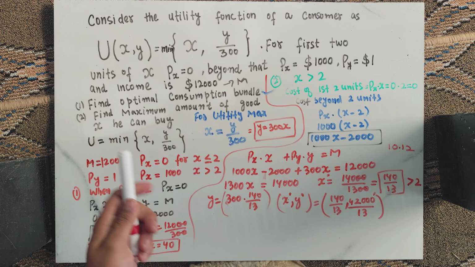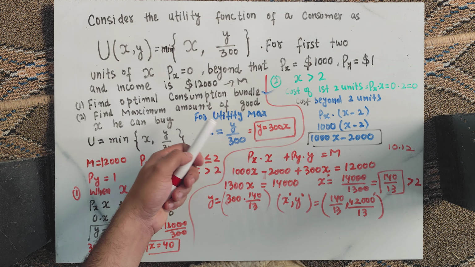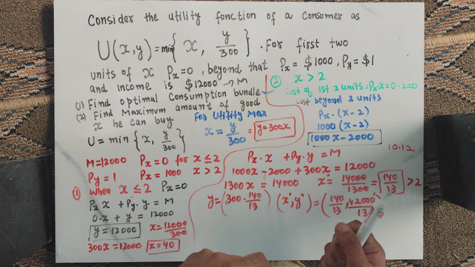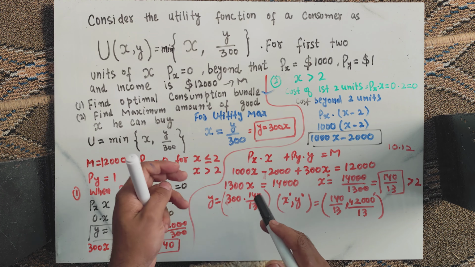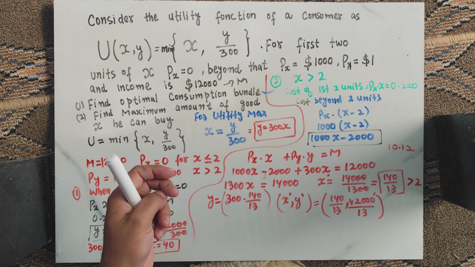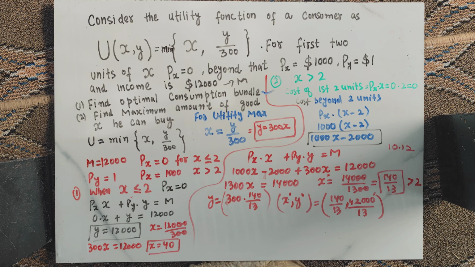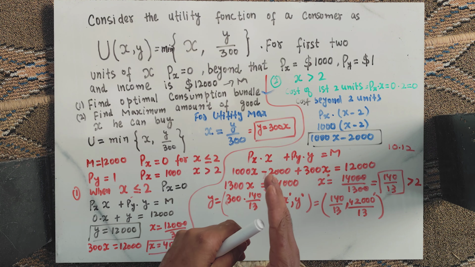Now we are being told to find the maximum amount of good X he can buy. What is the maximum amount he can buy? We don't need to care about the units of good X. We need to find out the condition.